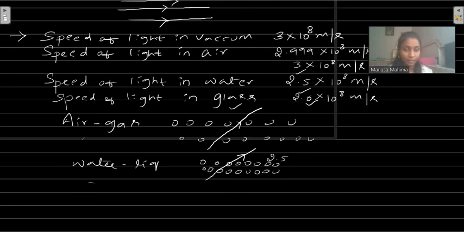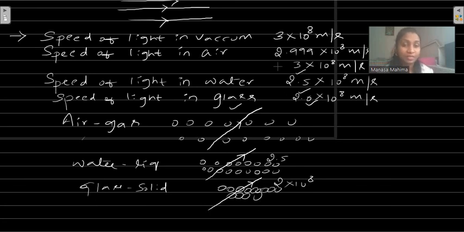But if we come to glass, it is solid, right? Here you will see the molecules closely packed. So what happens when light is made to pass through this glass? The speed of light automatically decreases to 2. So only we are seeing the speed of light values decreasing in different mediums.